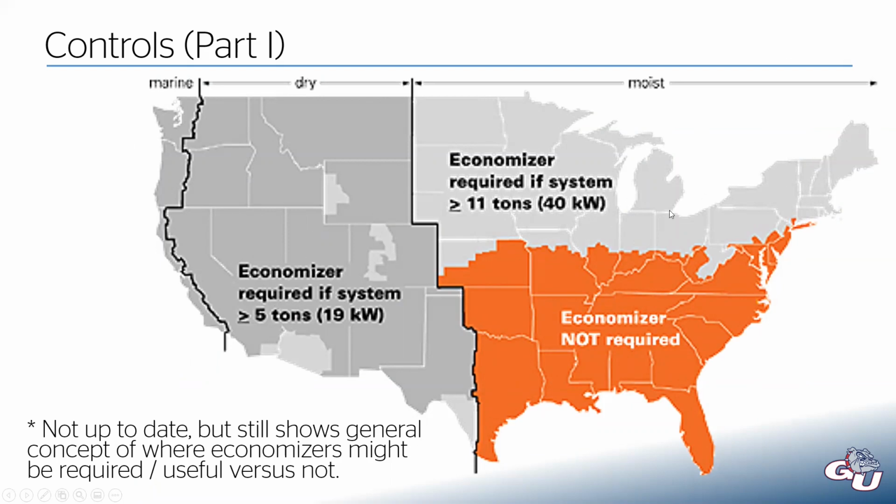And then up north and kind of Midwest, you need it for about 11 tons or greater. But then they say, hey, down here in the South, where we're nice and humid, we don't really see a lot of value in having an economizer. So you can see it's very dependent on the climate, on when you might need it versus not.